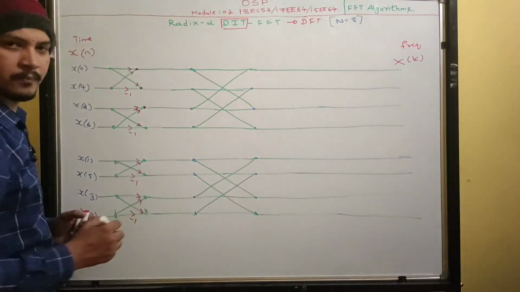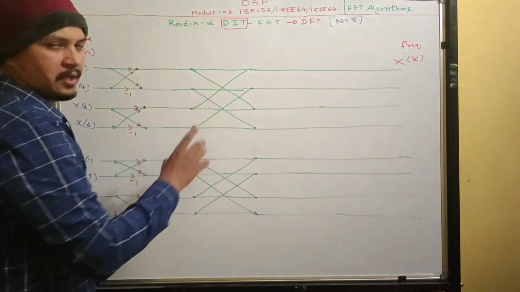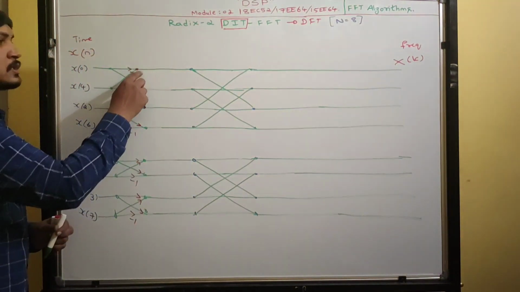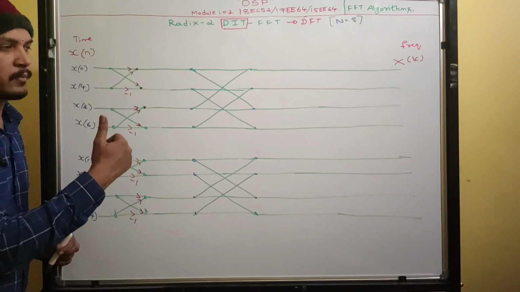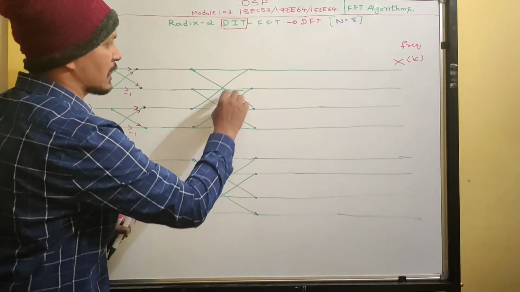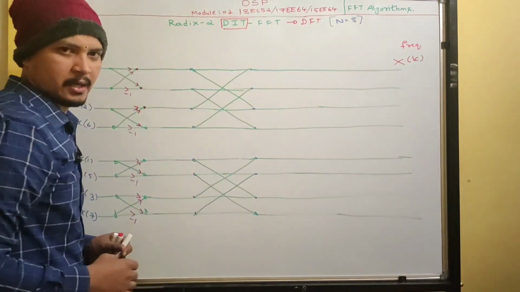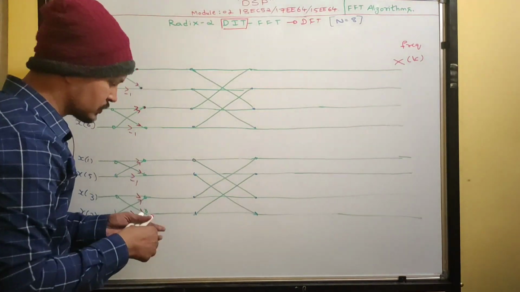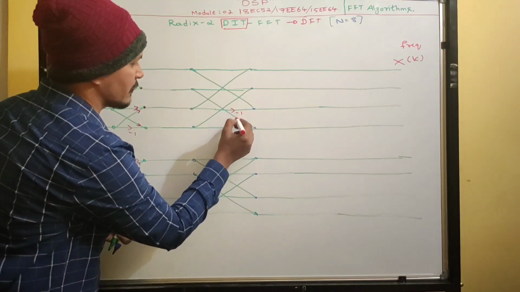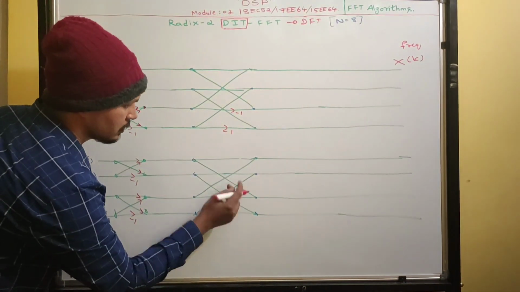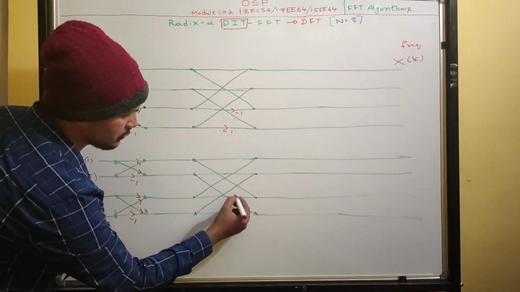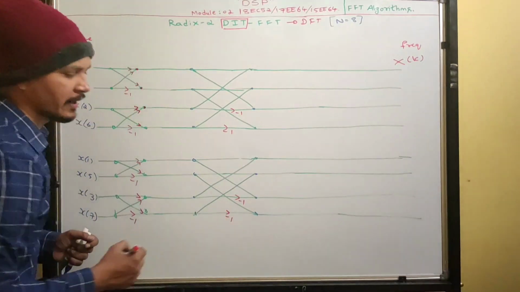Got it guys? Now in 4 point DFT, since we have 4 lines, leave top 2 as empty, and bottom 2 you write -1, -1. Leave top 2 and write bottom 2 lines -1, -1.